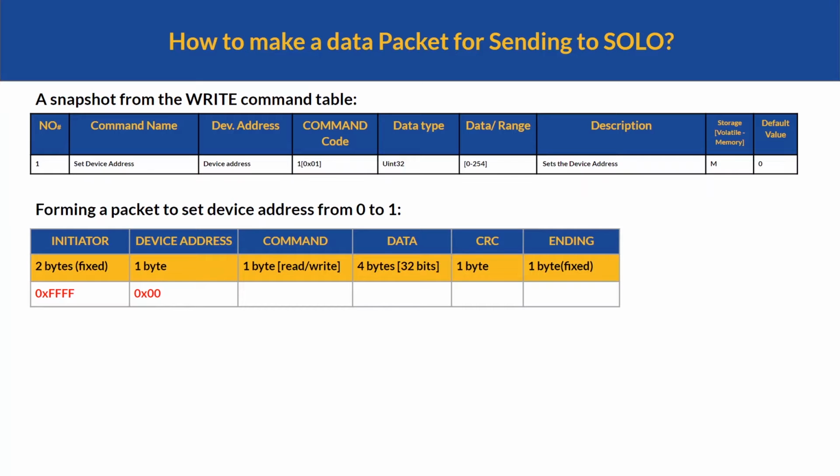By looking at the right command table, I see that if I'm going to change or set the device address, my command code is 1. So I put 1 here in the form of a byte in hex format. The next section, which is the data part, is the value that I'm going to set in Solo. My data type in this type of command, based on the command code I have here, is unsigned 32. So 1 in that format becomes like this.